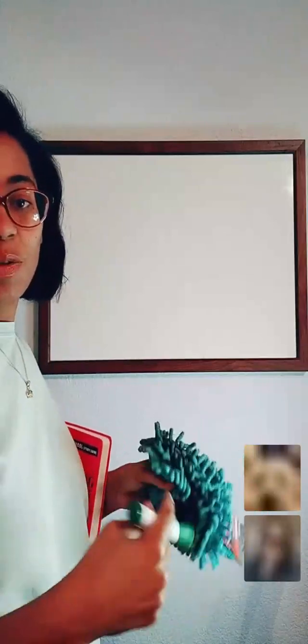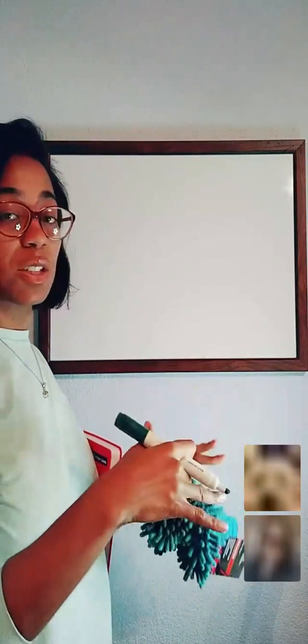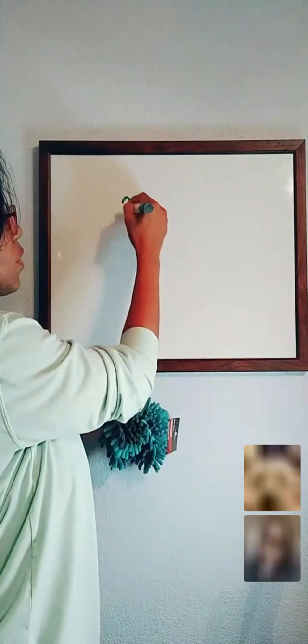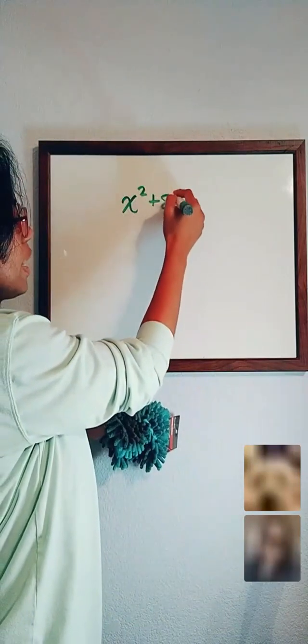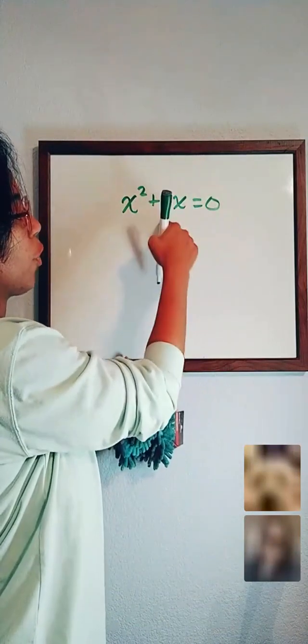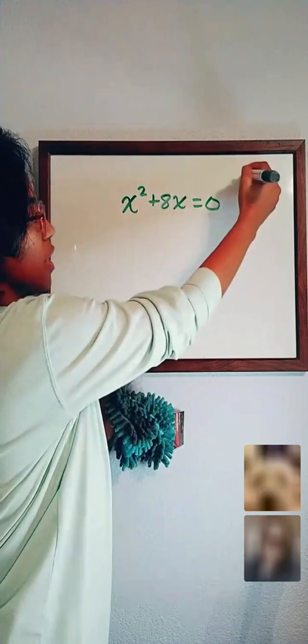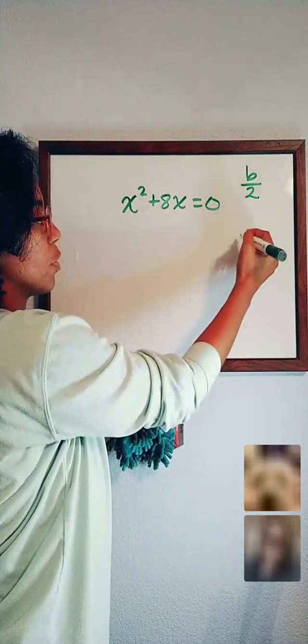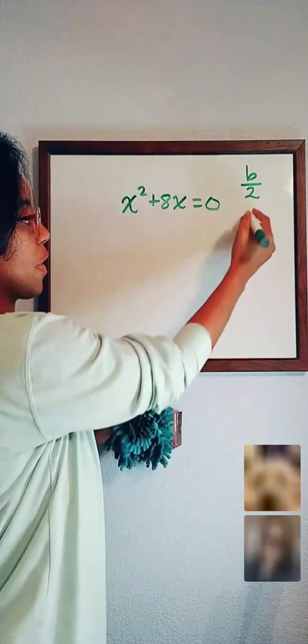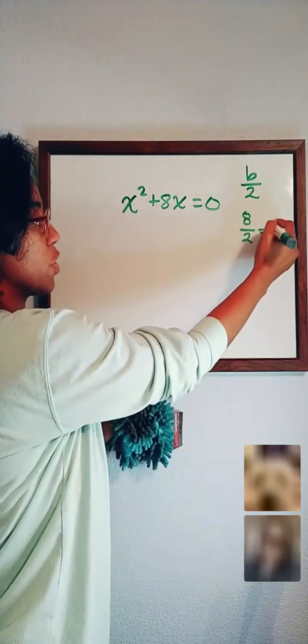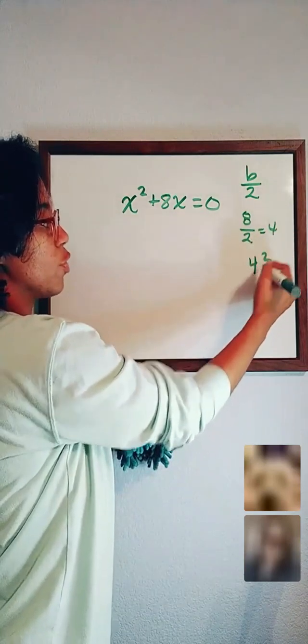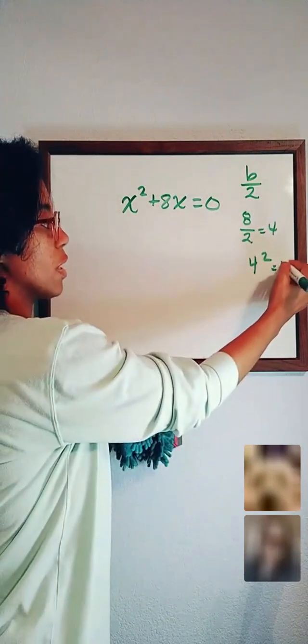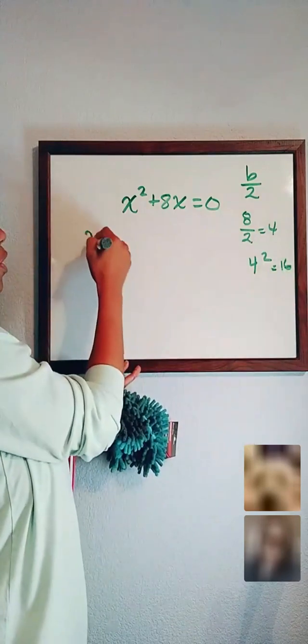So that's how you complete the square, Micah. One of the steps to completing the square. Let's say you had x squared plus 8x is equal to 0. What you're going to do to complete the square is divide the b by 2. So 8 divided by 2 is 4, and you square it, which gives you 16.